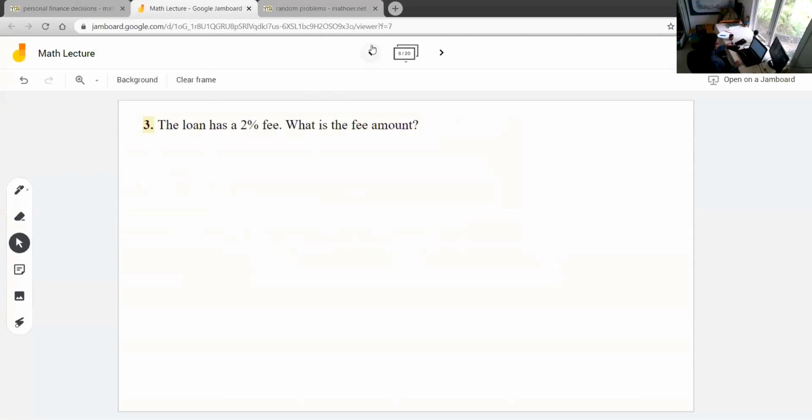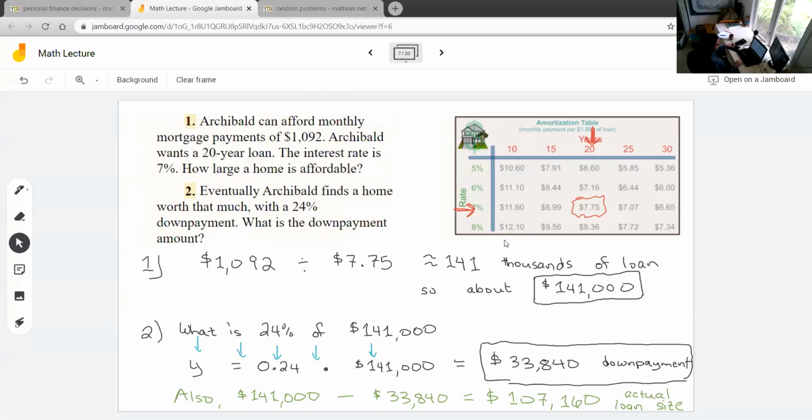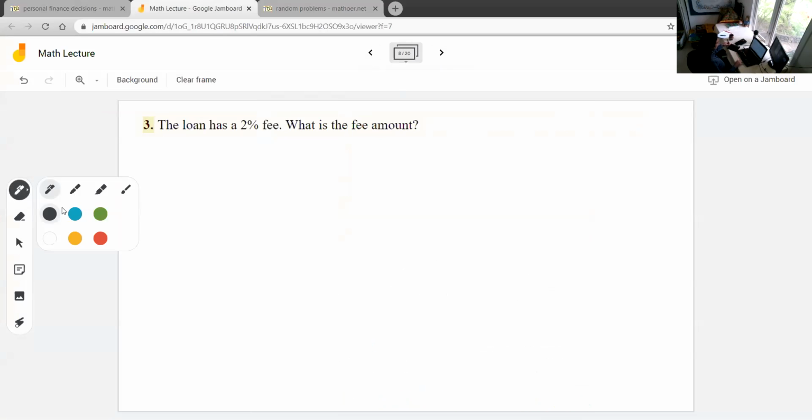For his fee, we're going to take that actual loan size, 107,160. Is it okay if I do the shortcut, just times 0.02?